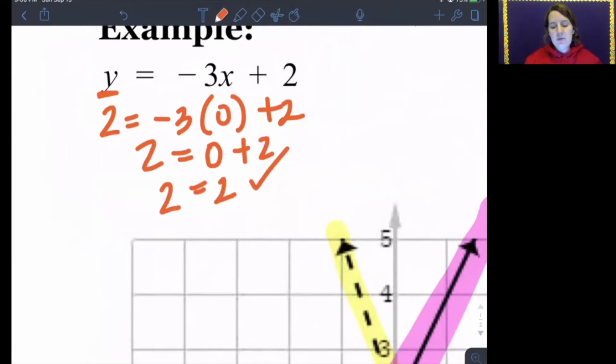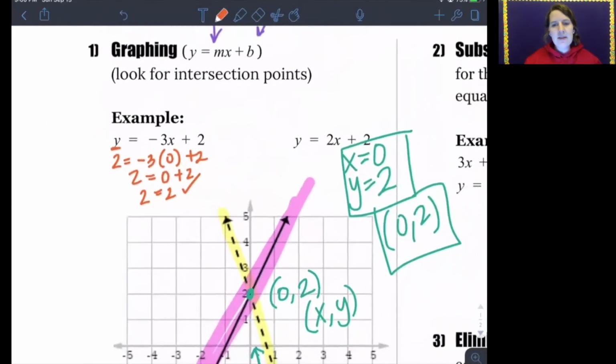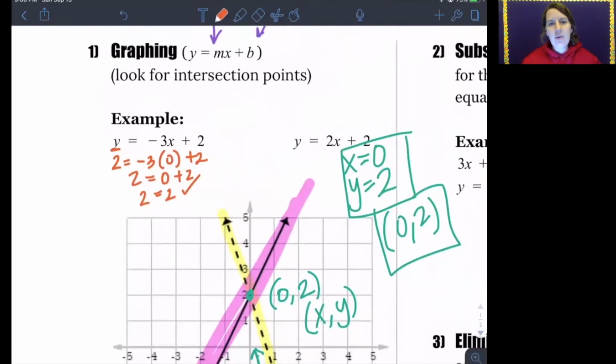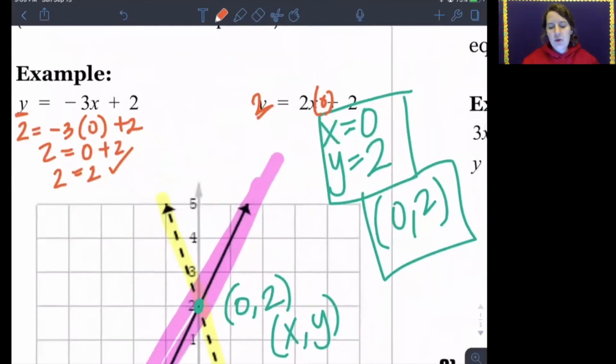Since 2 equals 2 is a true statement, that means that 0 and 2 satisfy the equation y equals negative 3x plus 2. We would do the same thing for our other equation. If I plug in a 0 for x and a 2 for y, we find out that 2 equals 2 is a true statement. So this is indeed the correct answer.